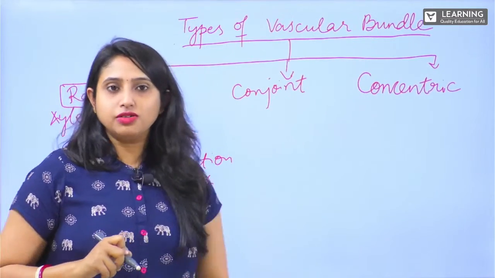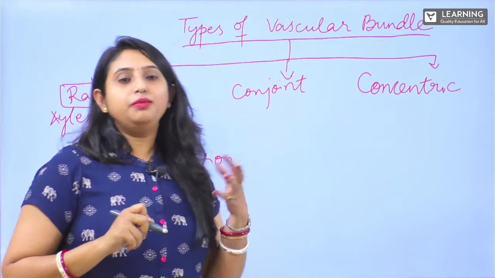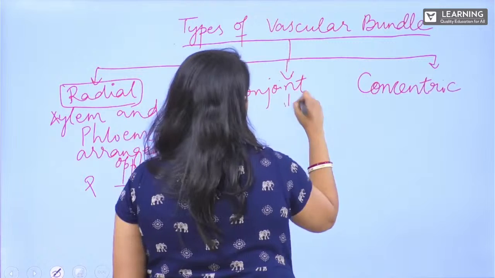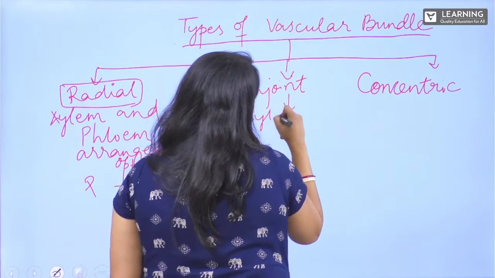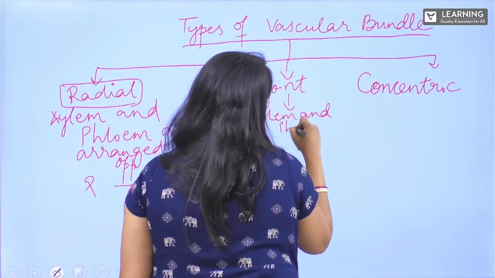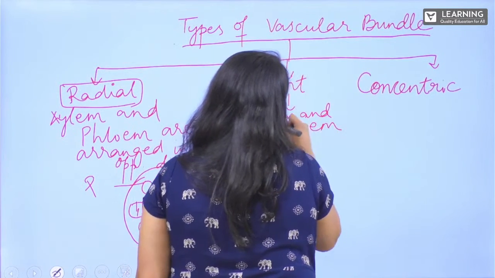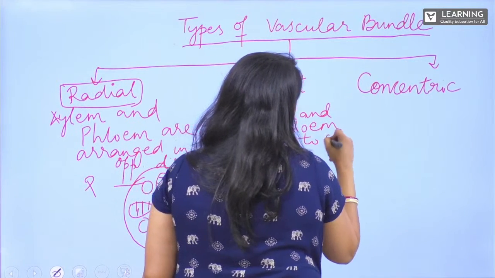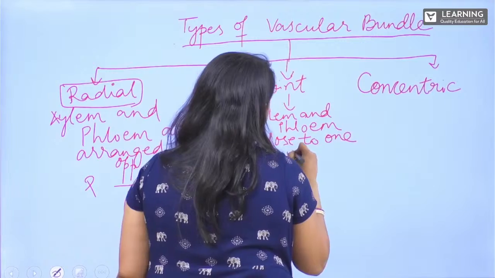This conjoined vascular bundle means the xylem and phloem are lying together. They are close to one another.